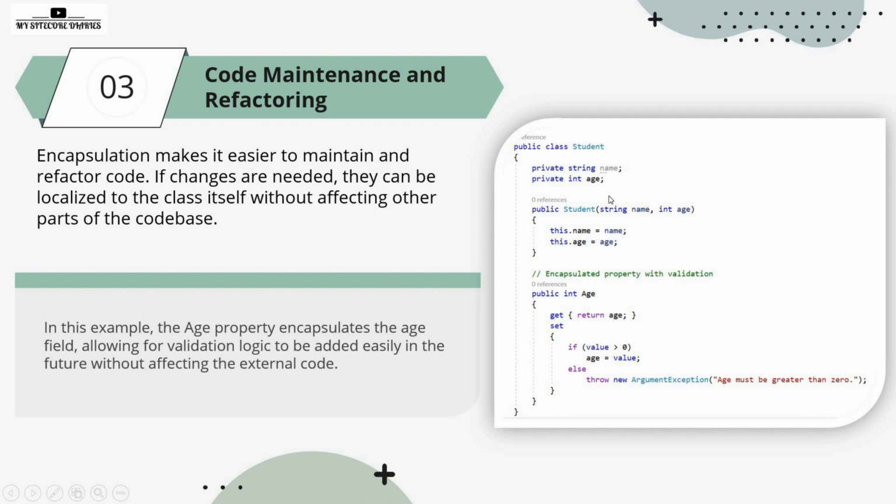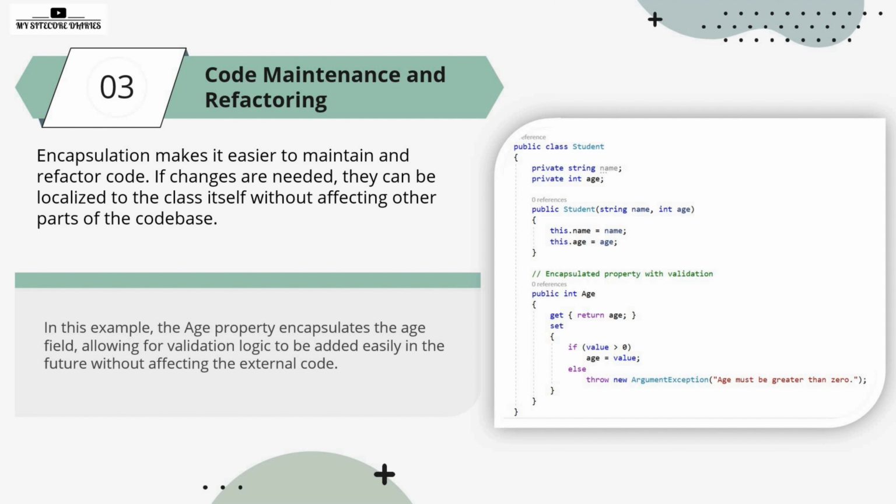Because of this, it allows a validation logic to be added easily in the future without affecting the external code. This Age is accessible outside, but the field is not. So whatever validation you want to apply, you can apply it here. You see here the age validation is applied. That way it is easy for maintenance and refactoring the code.